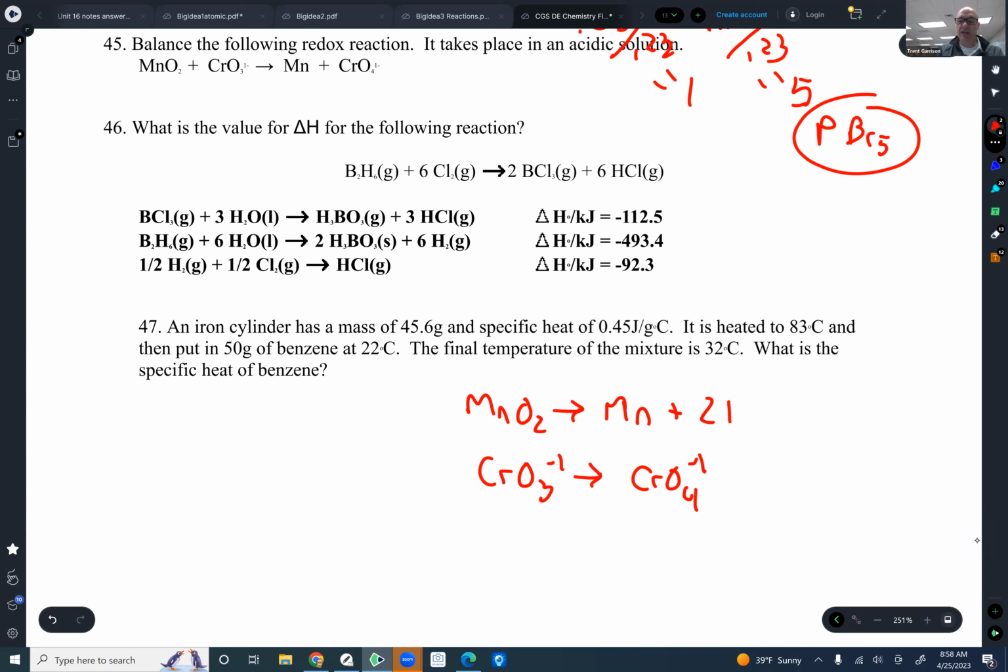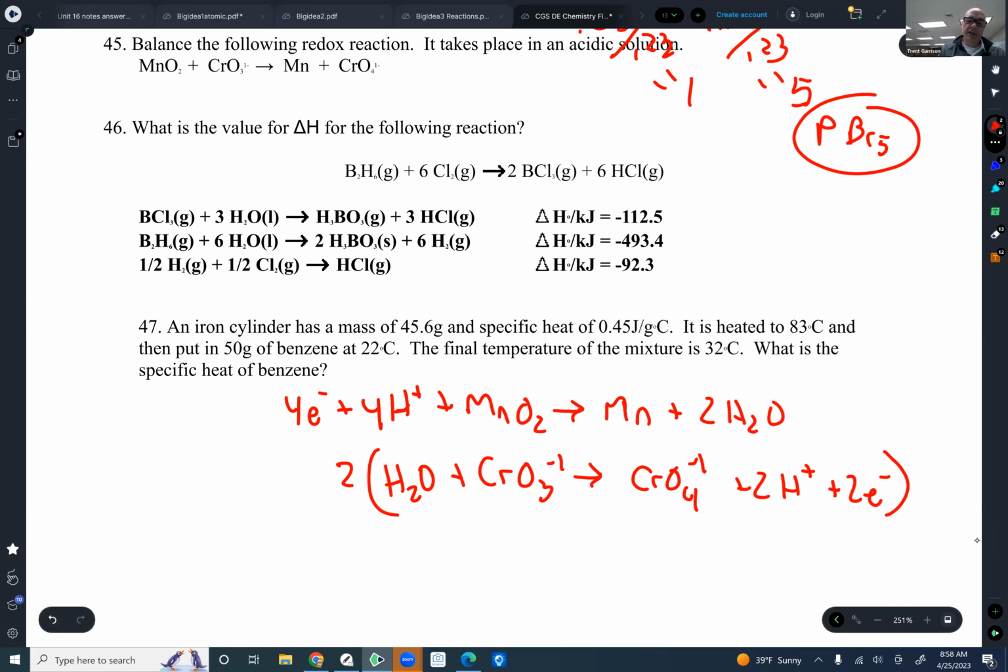So that means I need to add 2 waters, but then that means I need to add 4 hydrogens. Now to balance the charges of these, they're both equal to 0 so far. So I need to add 4 electrons over here. Down below, I only need to add 1 water. But that means I need to add 2 hydrogens over here. Now my charges are equal.